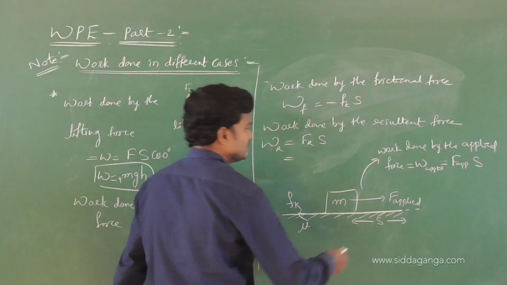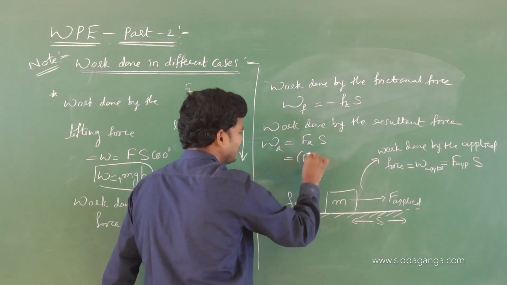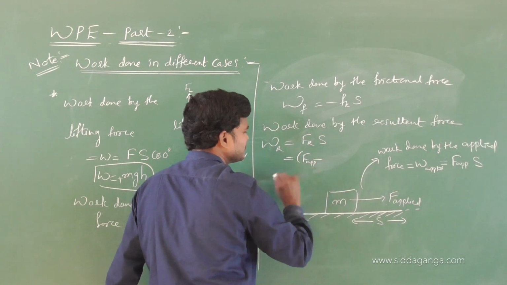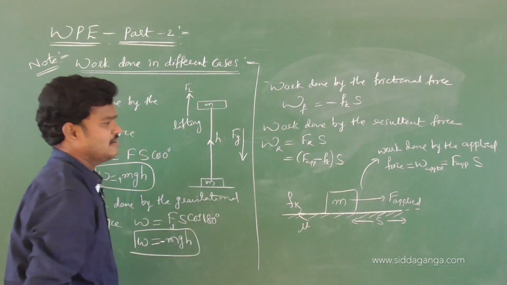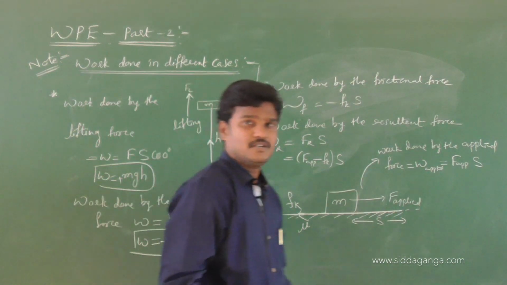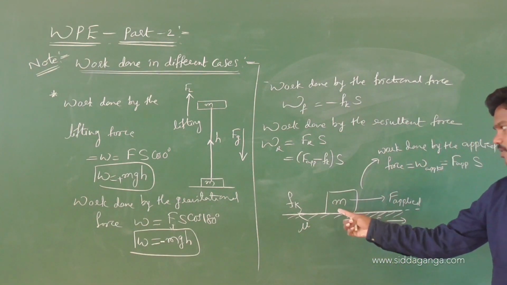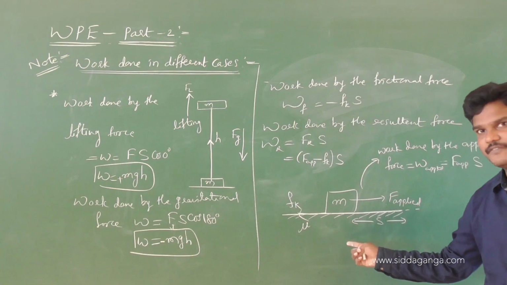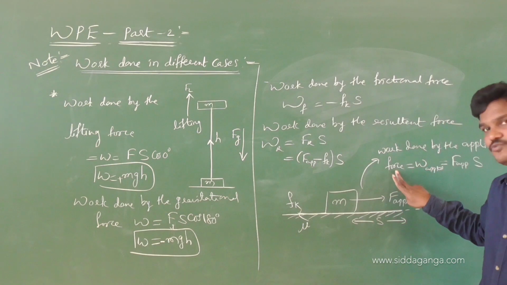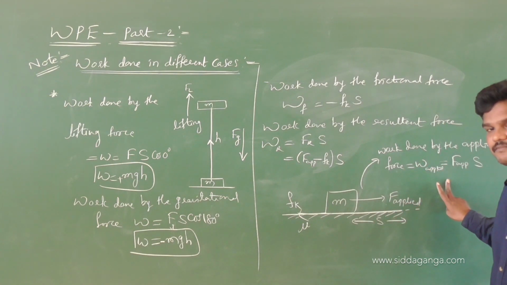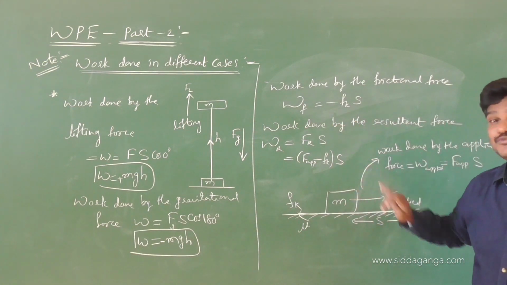Generally the applied force is more, so Fr is nothing but F applied minus Fk, into S. So three formulas. When a body is on a rough horizontal surface, there are three work done: work done by the applied force, work done by the frictional force, and work done by the net force.